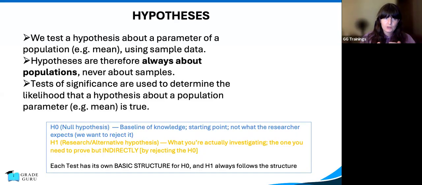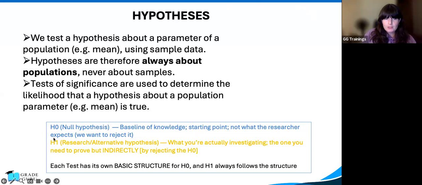It's called the research or the alternative hypothesis. This is where you do your own study, you have a sample mean, and you're trying to find if your sample mean is different enough from the old previously known population mean to warrant saying that the old population mean is no longer true or no longer valid.